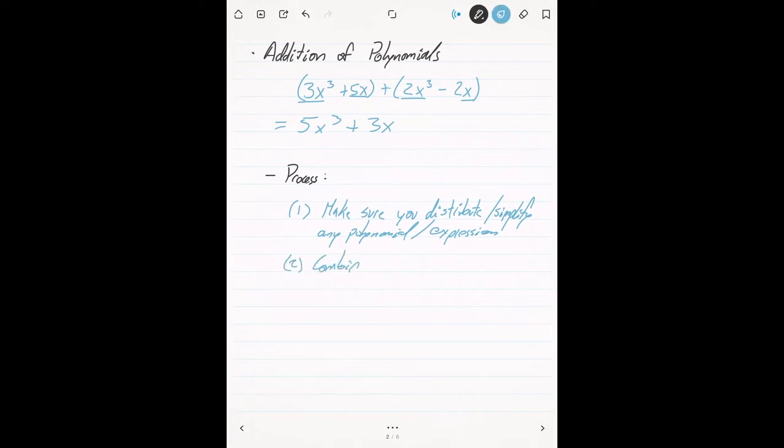combine all like terms. Combine all like terms.